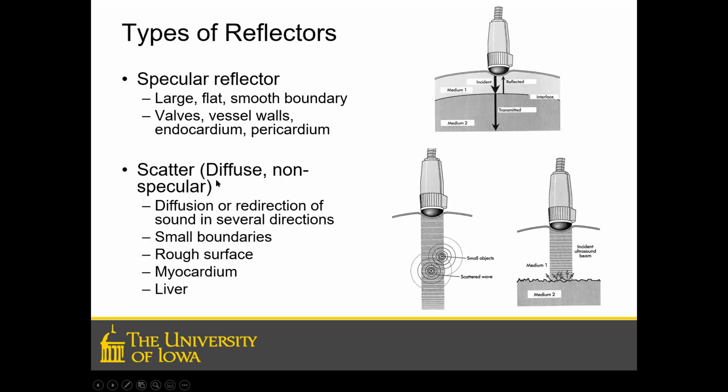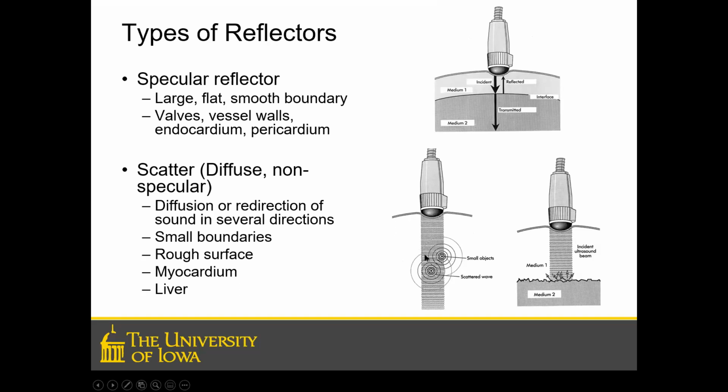Scatter or diffuse reflectors are small interfaces that cause the sound to just scatter in all directions, some of that getting back to the transducer, which is called backscatter. And that's what creates the image. The diffuse reflections also happen at rough boundaries as well.